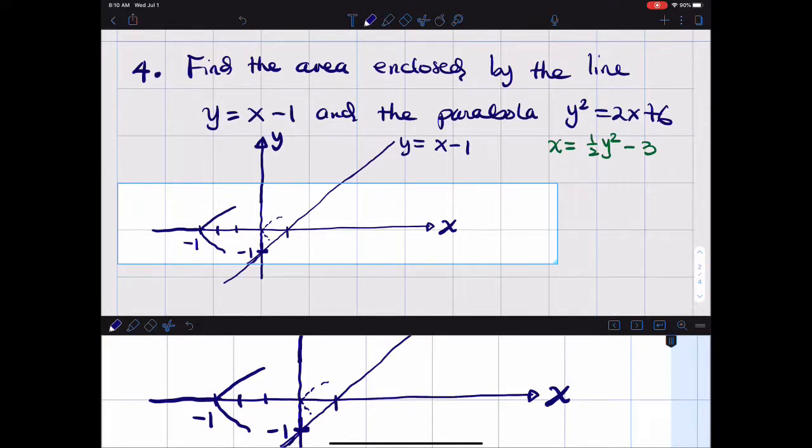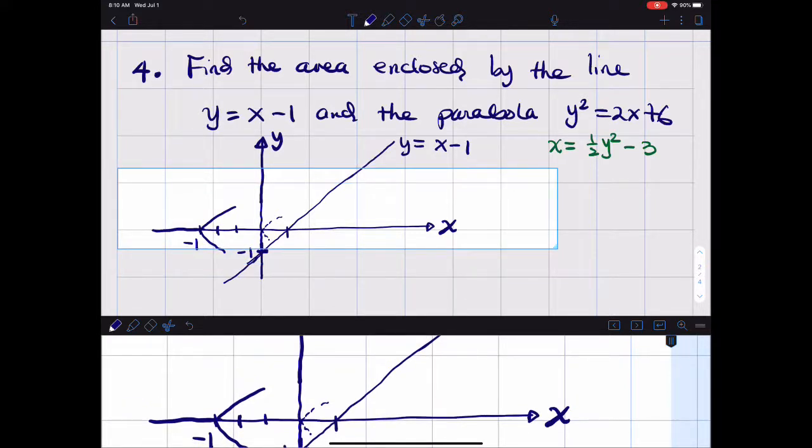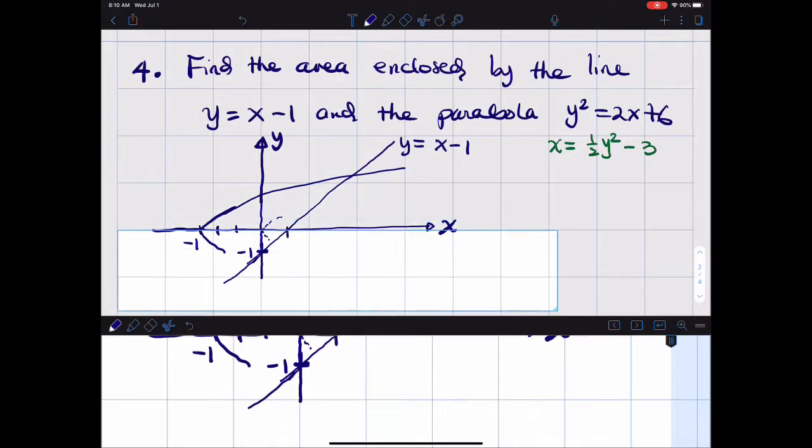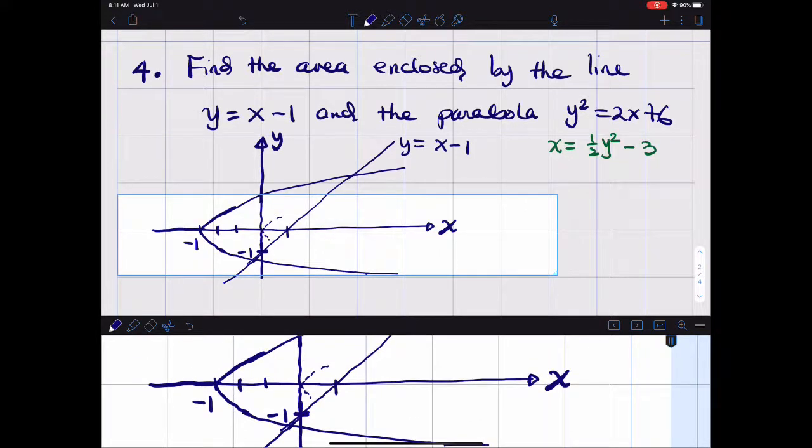So let's complete this parabola. All right, so we have an area.